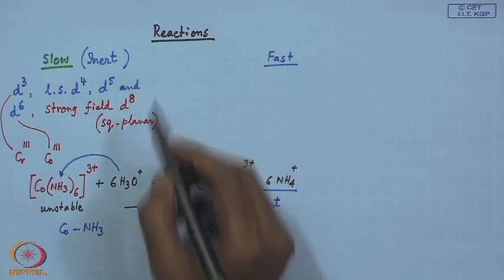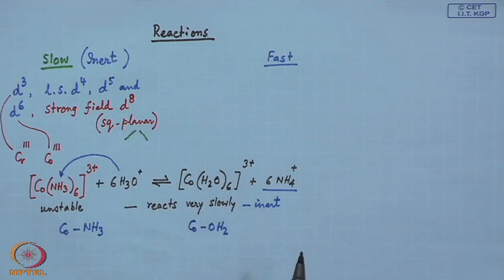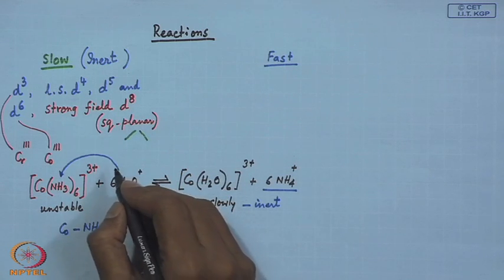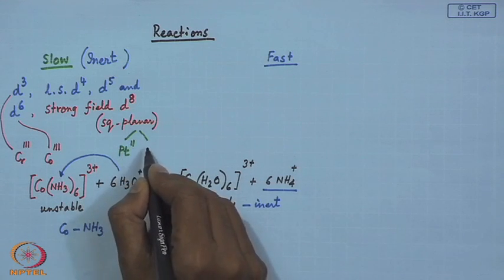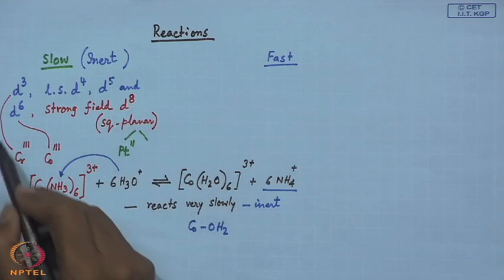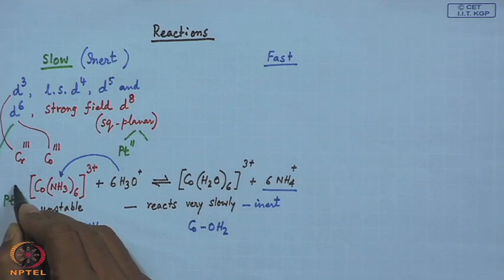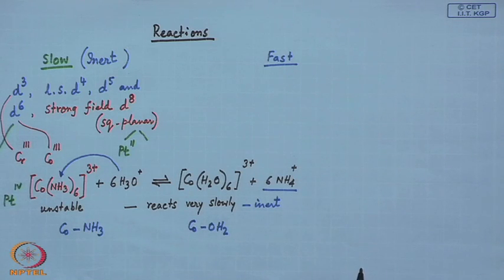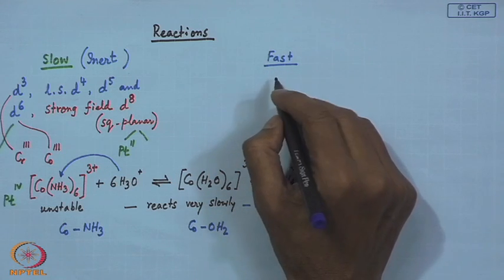Then for the strong field d8 electronic configurations we can have platinum(II), and for the d6 configuration we can have platinum in the +4 oxidation state. This gives us some idea of which reactions we can consider as slow reactions.